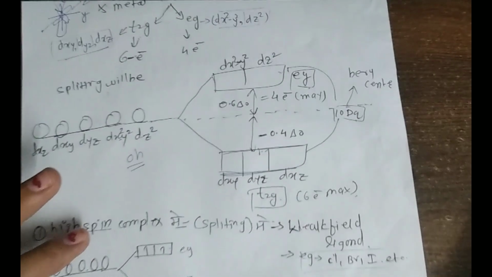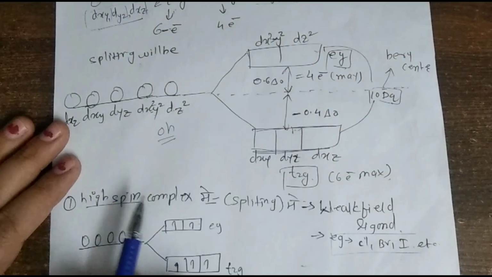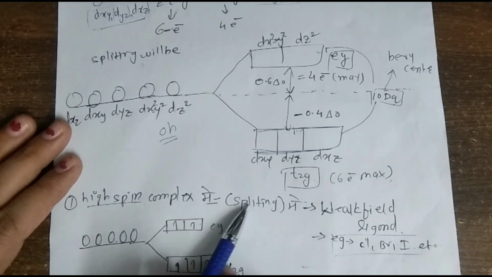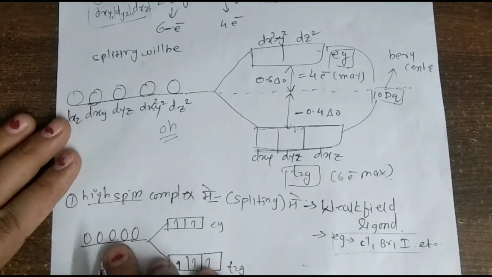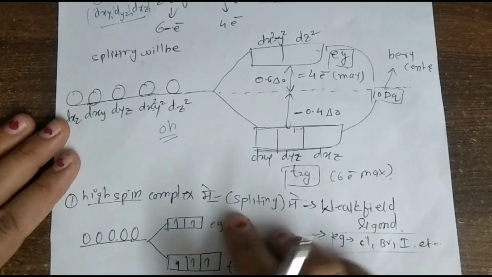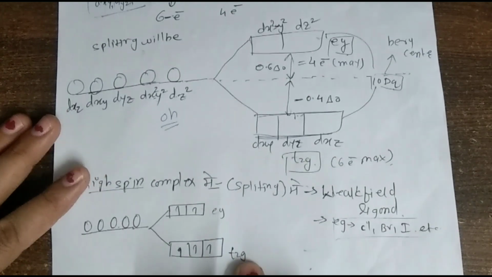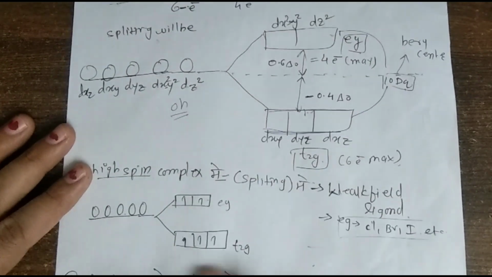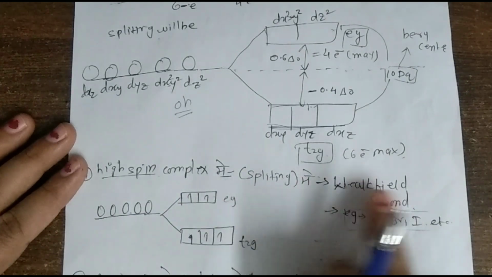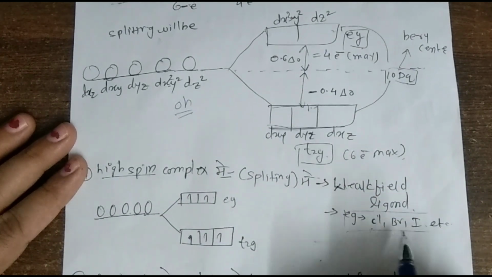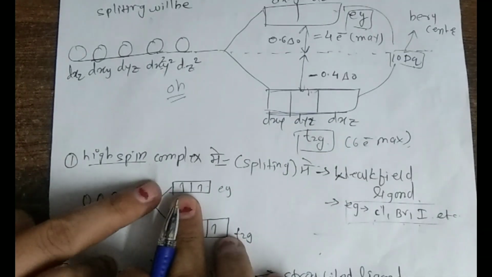Here we are talking about octahedral complexes, in which a high spin complex with a weak field ligand will split in this way: the Eg set of orbitals is above and the T2g is below. There is no change, but here the weak field ligands are like chlorine, bromine and iodine.